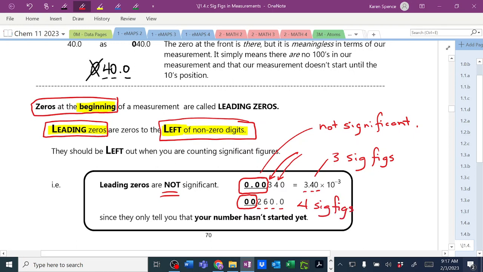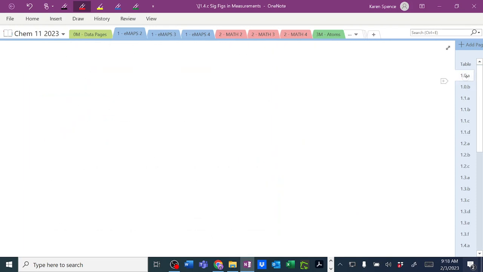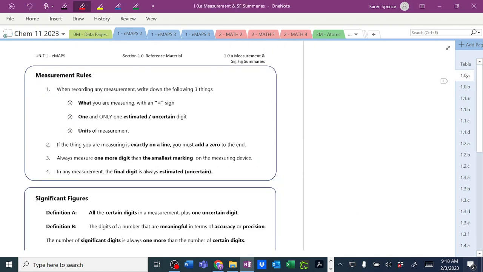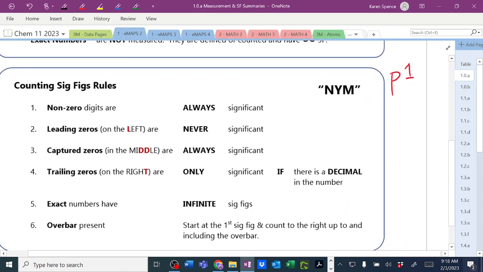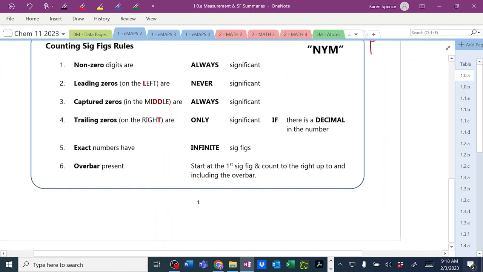And now we are going to just pop very quickly to page 1 and do a quick introduction. This is page 1. And we're going to learn a little mnemonic device. The word mnemonic, the M is silent. A mnemonic device is a memory tool.